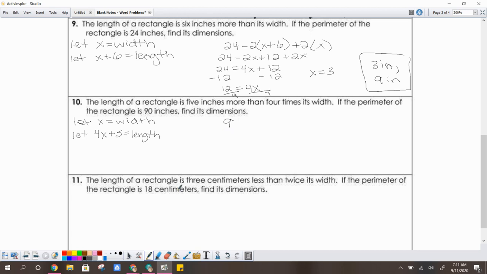So we're going to do our equation. I'm going to go ahead this time and put the 90 last. Okay, and then we're doing 2 times our length and then 2 times our width. So I'll do 2 width plus 2 times our length, 4x plus 5. Okay, then distribute. Step 2 is to combine like terms.